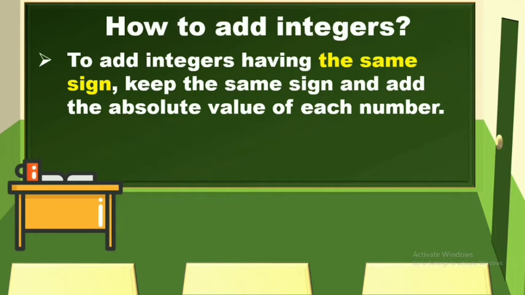The absolute value of negative 5 is the distance of negative 5 from 0, and that is also a positive 5. Why? Because there is no negative measure when it comes to distance.